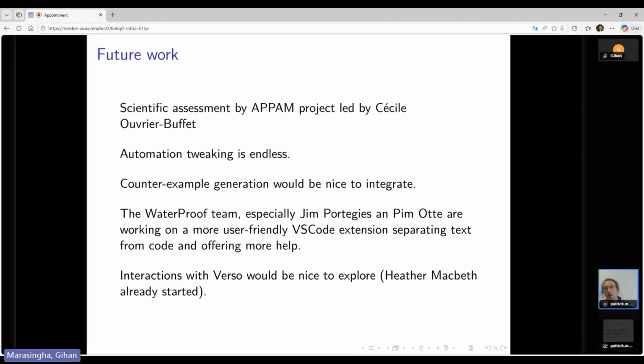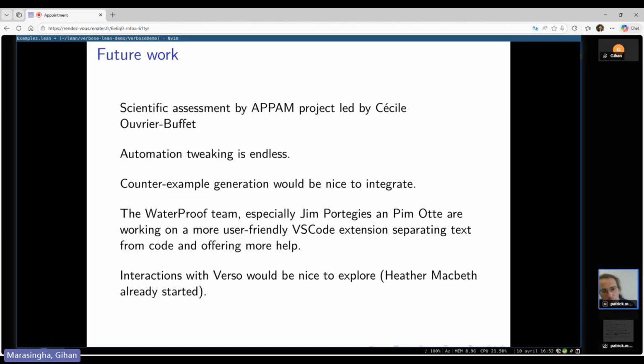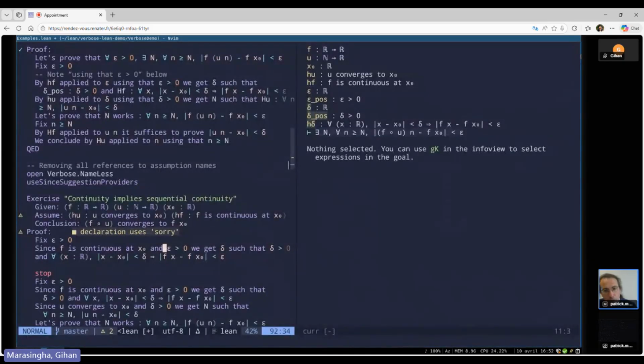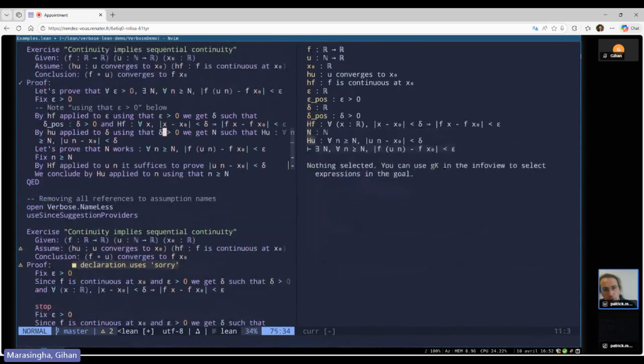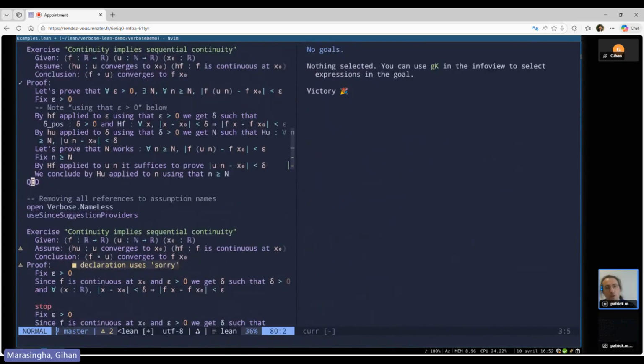They cannot ruin everything. I don't know if you have noticed, but in Verbose Lean there is a QED at the end of the proof. This QED displays the victory widget, which is more impressive in VS Code because it's bigger. And it helps make sure the syntax errors do not leak to the next exercise.